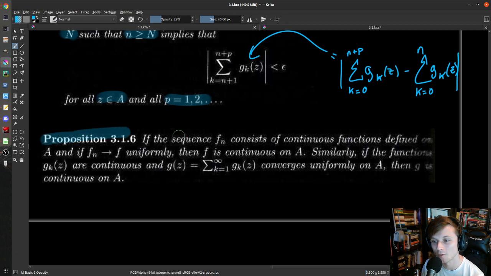So proposition 3.1.6: if the sequence f_n of functions indexed by n consists of continuous functions defined on a set A, and if f_n goes to f uniformly on A, then this limit is continuous on A. So the uniform limit of continuous functions is continuous. That is, uniform convergence preserves continuity. It's probably a pretty good hint that this is a good type of convergence.